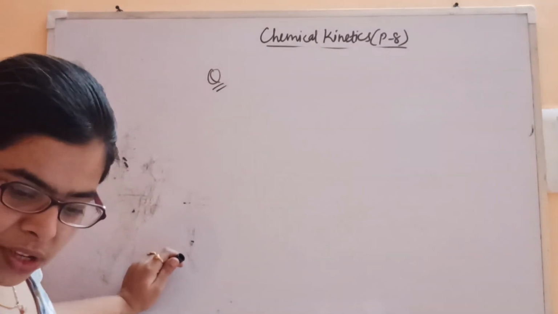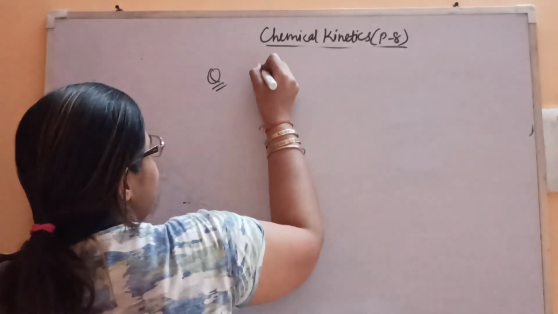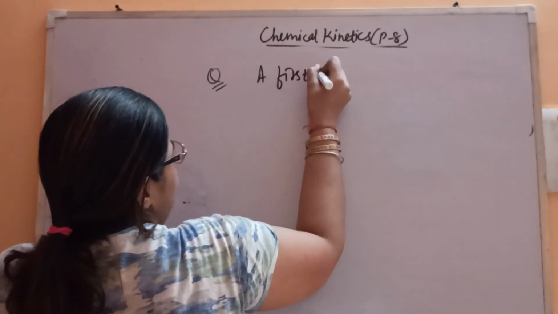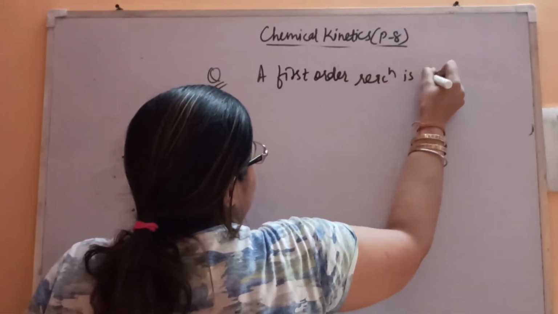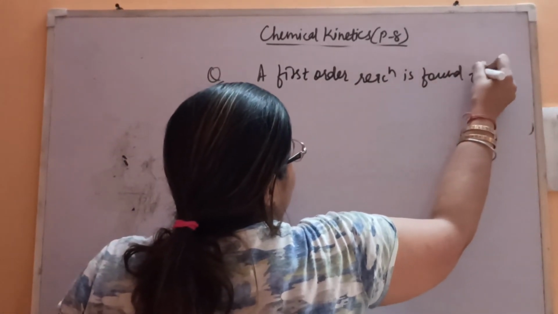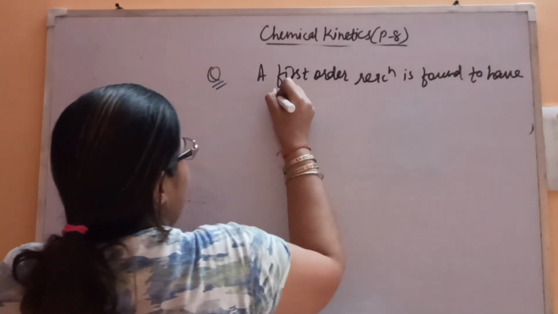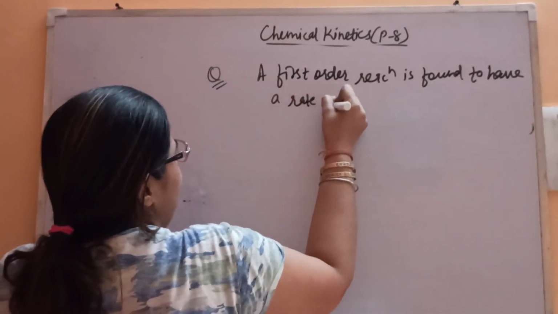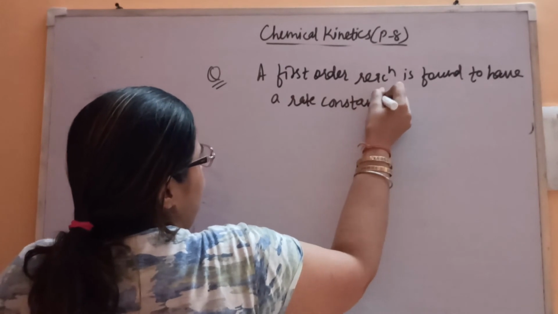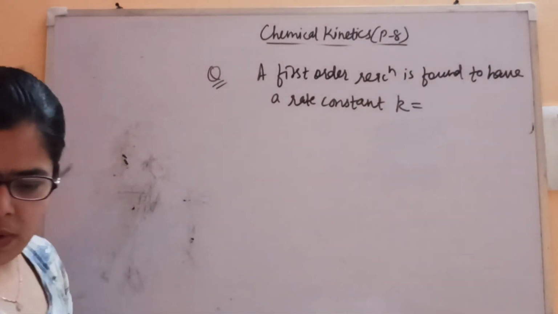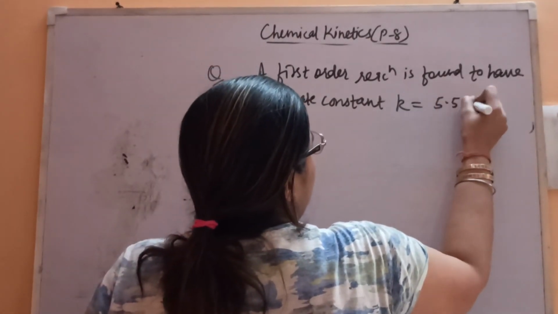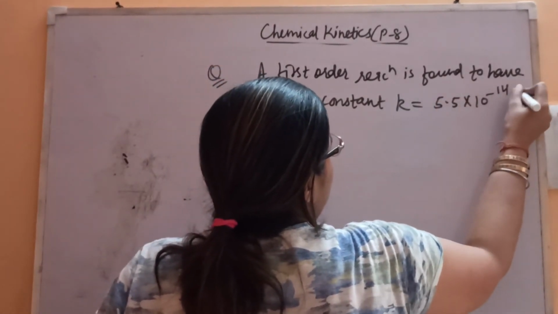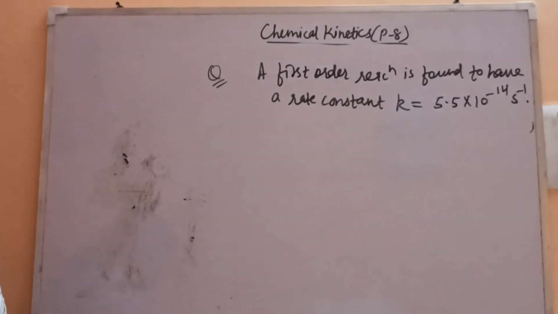A first order reaction is found to have a rate constant K equal to 5.5 into 10 to the power minus 14 per second. Find the half-life of the reaction.